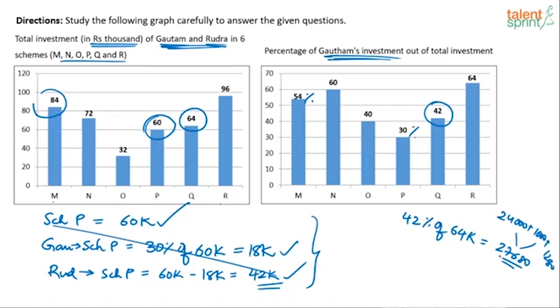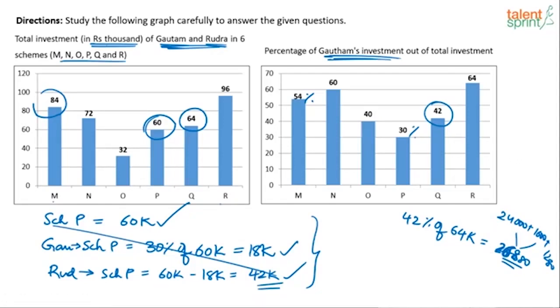So 24,000 plus 1,600 is 25,600. 25,600 plus 1,280, sorry, this will be 26,880. So basically, you know what needs to be done. The calculation was a little incorrect there. 26,880 is Gautam's investment. Now, total investment minus 26,880 will be Rudra's investment.